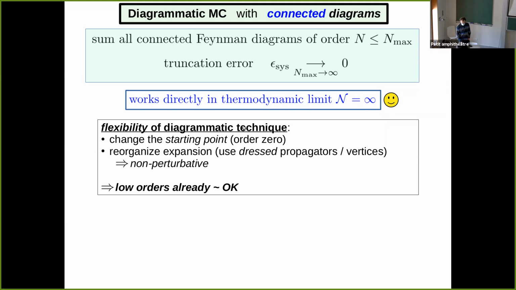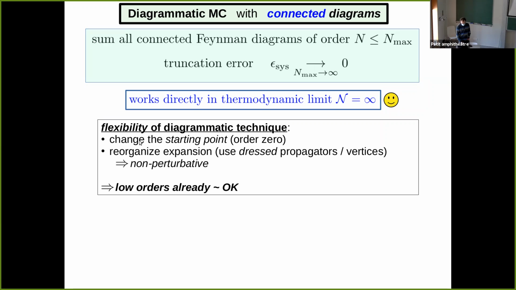Also, the diagrammatic technique is very flexible, and we can use that. So we can change the starting point of the expansion, the order 0 of the series, and we can reorganize the expansion by using dressed propagators or vertices, making the diagrammatic series non-perturbative in the sense that it's not just a simple expansion in powers of the interaction.